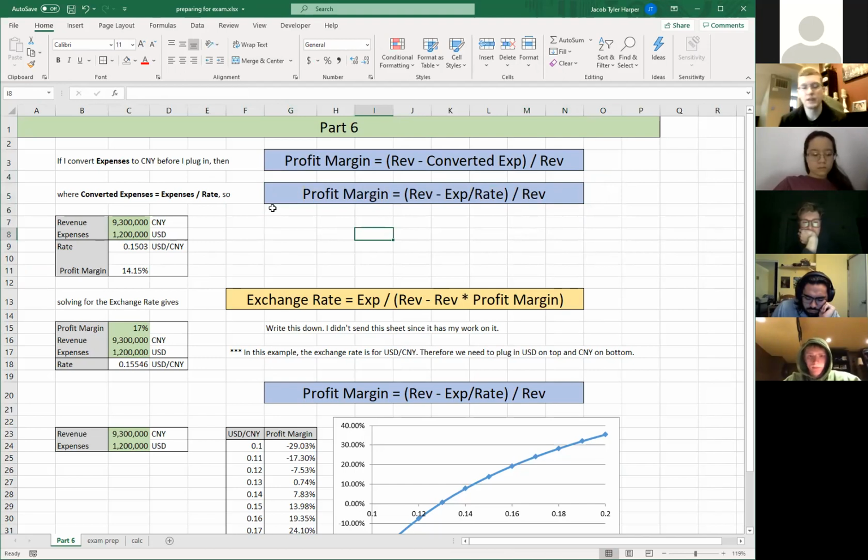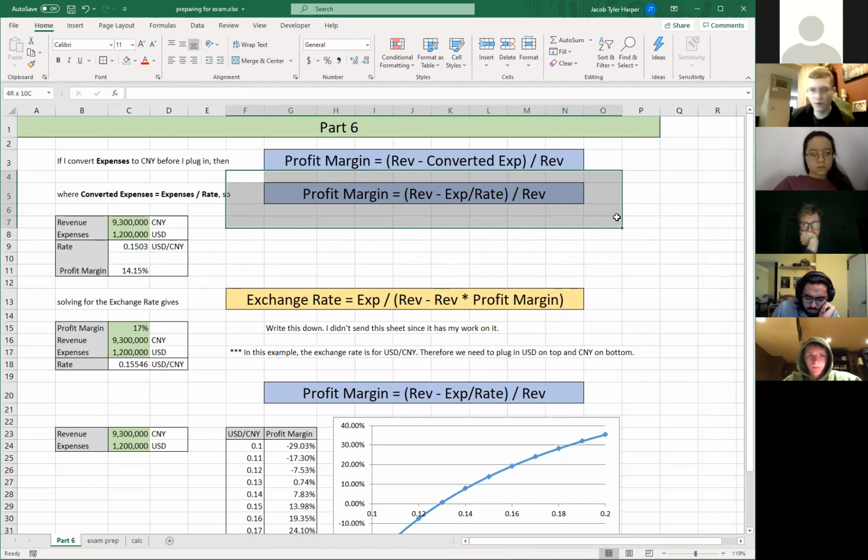What I mentioned last time was that you can take the formula you used for question 1 and algebraically solve it for the now unknown exchange rate. In the future, we'll figure out a more efficient way to tell Excel how to do this, but for now, algebra is good enough. So if you did not figure out what this looks like after simplifying, you might want to write this down.